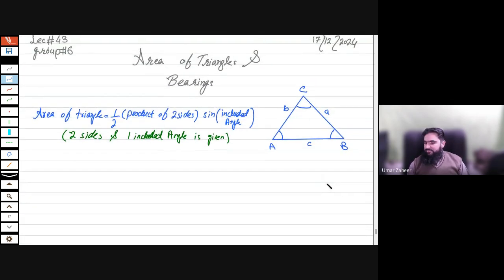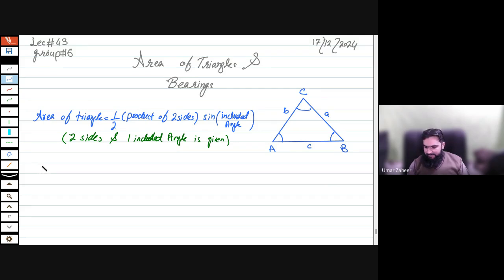So the formula is going to become area of triangle is equal to 1 by 2 product of any two sides. For example, if you take sides A and B, look here, the included angle between A and B is C. So sine of C.